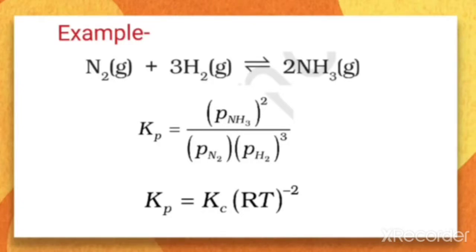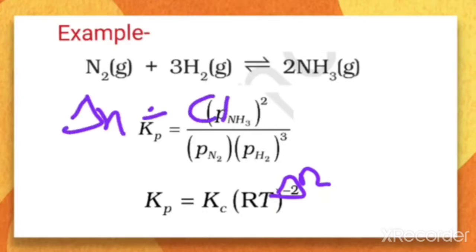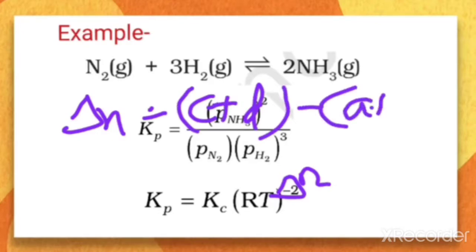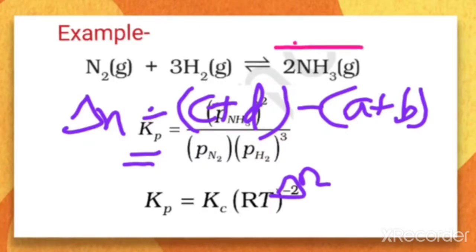Now how did we get minus 2 here? As we have learned, the general equation has delta n. So how delta n is equal to minus 2 for this equation, that we need to find out. Delta n is equal to C plus D, that is the number of moles on the product side, minus A plus B, that is the number of moles on the reactant side. Now look at this equation. What is C here? On the product side only ammonia is there, so that is twice NH3.